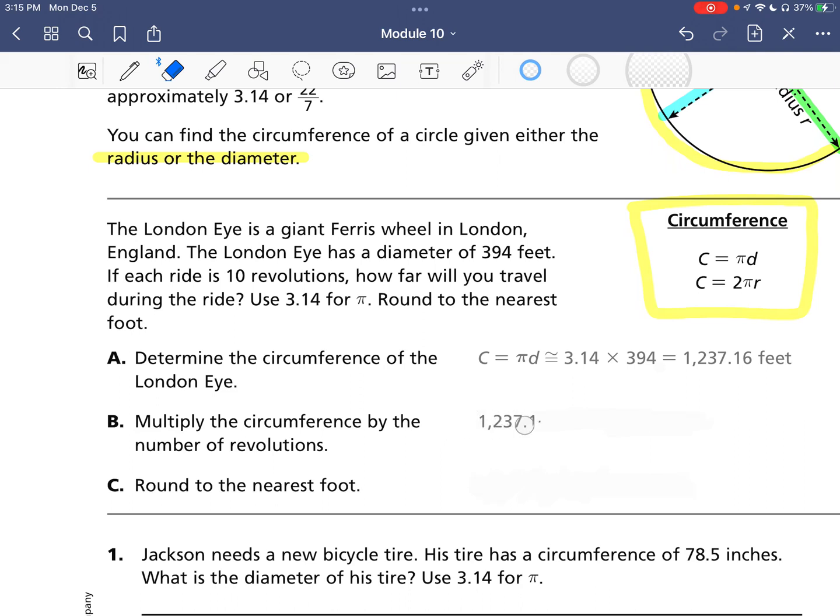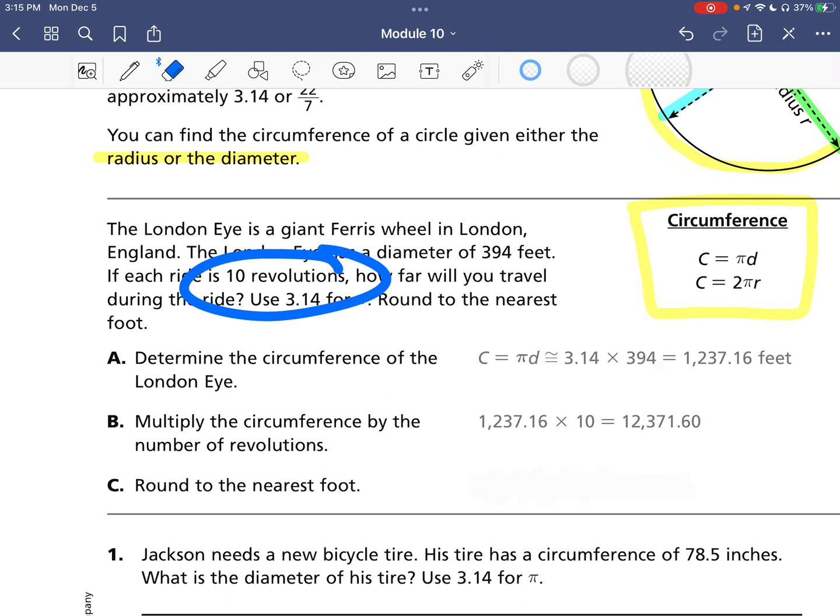So your circumference times however many times it goes around, so times 10. Again, pause your video. Multiply that out. Watch that decimal. And we end up moving that decimal once to the right since we multiplied by 10.